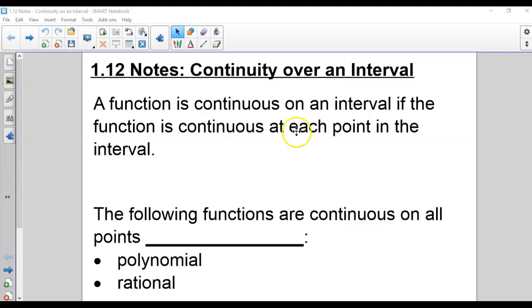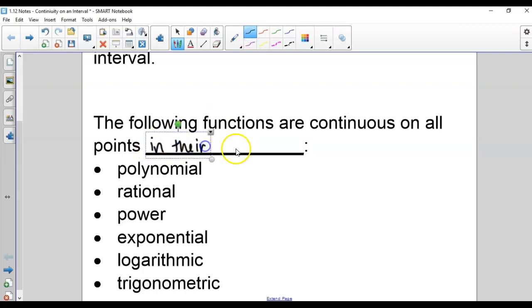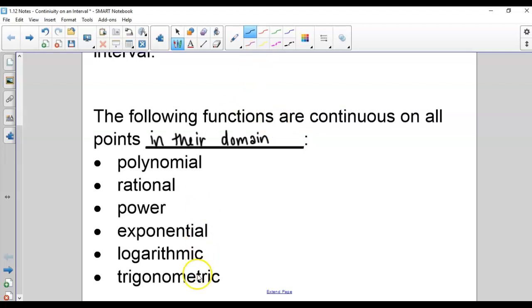So what we need to know first is that the following functions are continuous on all points in their domain. There's a list of functions here, and I'm going to give you an example of what some of these look like.